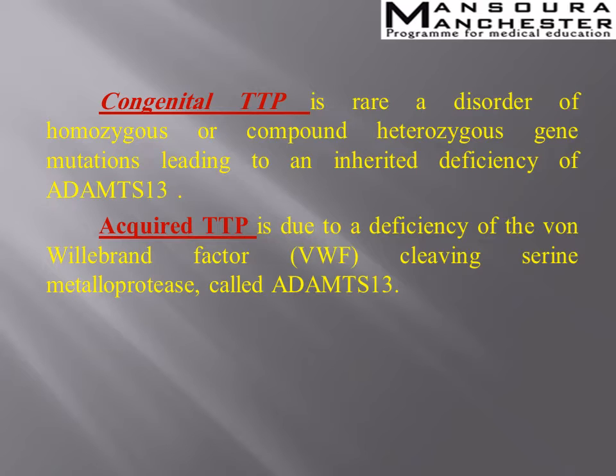This autoimmune process may be a result of, first, neutralizing antibody that inhibits ADAMTS13 proteolytic activity, or non-neutralizing antibodies that interfere with important ADAMTS13 binding partners or that enhance clearance of ADAMTS13.